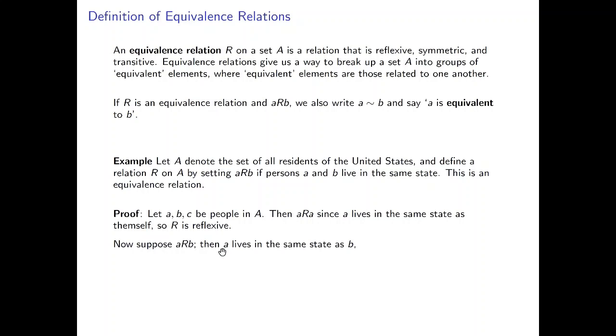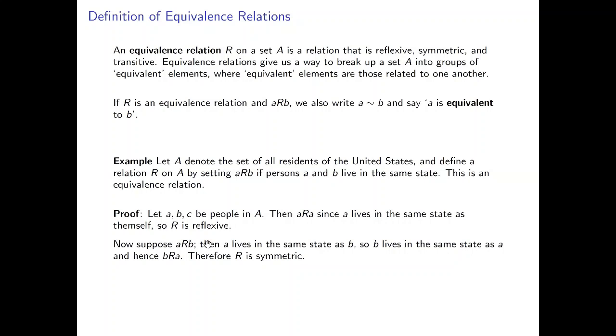Because A is related to B, A lives in the same state as B. If A lives in the same state as B, then of course B lives in the same state as A. Connecting this back to the definition of the relation, that means that B is related to A. Since this works for any pair A and B, assuming that A is related to B, we prove that B is related to A, it follows that the relation is symmetric.